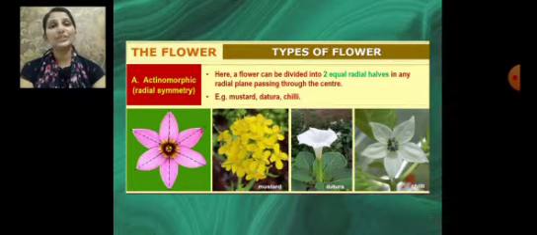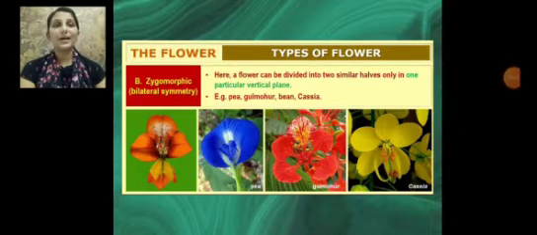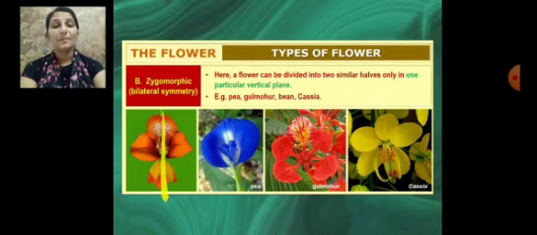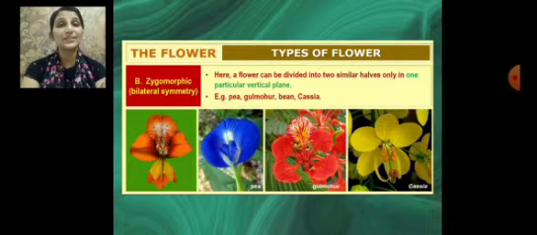All these are actinomorphic. Then what do you mean by the second type, that is zygomorphic flower? If the flower can be divided into two similar equal halves only in one particular vertical plane. See, this is the plane by which the flower can be divided into two equal halves. Whereas in the case of radial symmetry, any plane passing through the center can divide it into two equal halves.